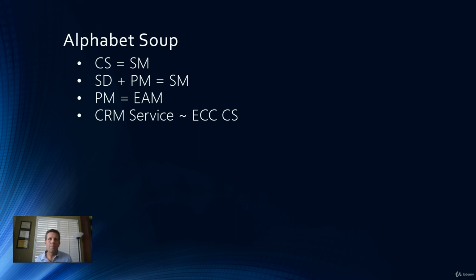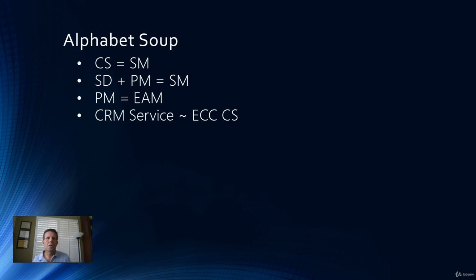Next up here we got PM equals EAM. What is EAM? EAM is Enterprise Asset Management, and so that's the newer term SAP uses for plant maintenance functionality. There's a little additional stuff in there with EAM, but it's pretty much the same thing as PM. So if you hear somebody looking for an EAM consultant, they're looking for a plant maintenance person.